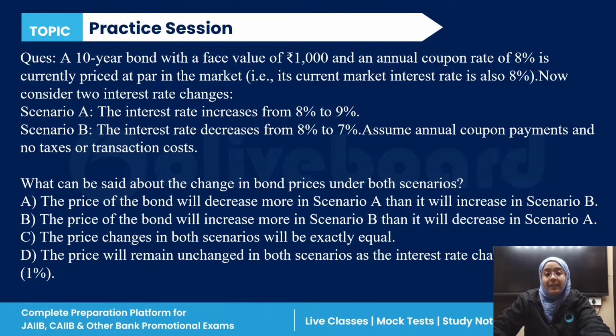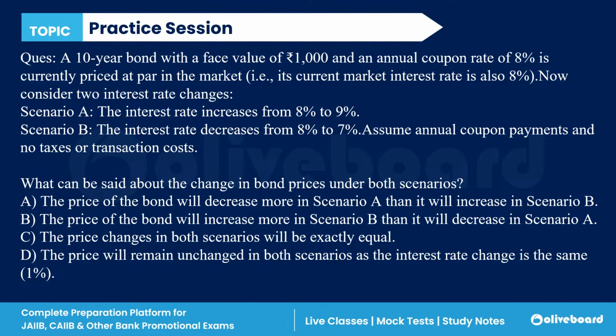Now, just understand this question very carefully. Don't rush and then answer. A 10-year bond with a face value of rupees 1000 and an annual coupon rate of 8% is currently priced at par in the market. That is, its current market interest rate is also 8%.